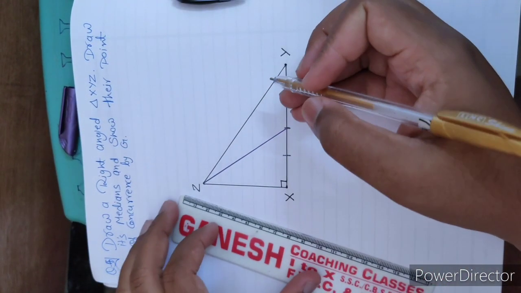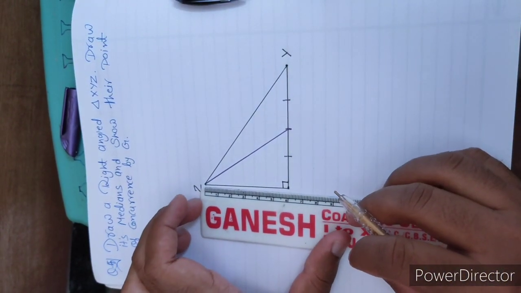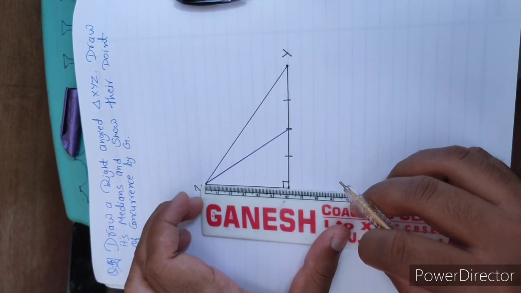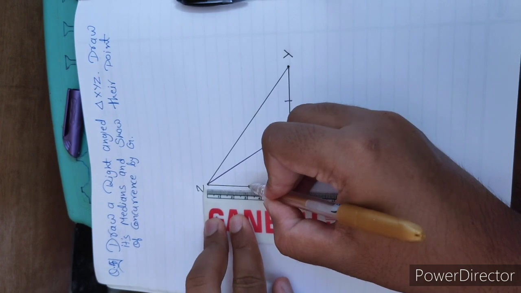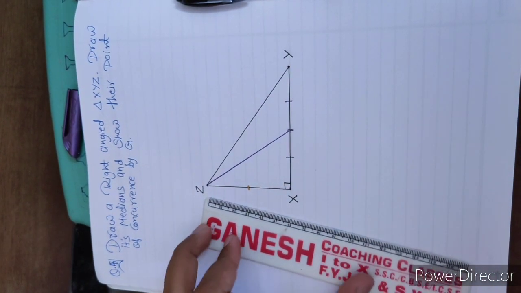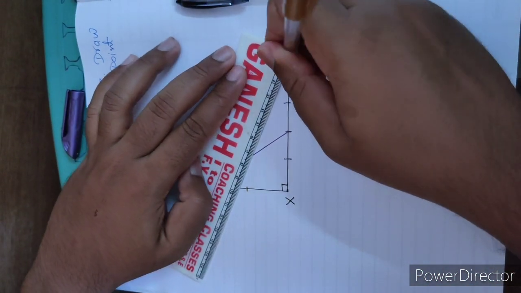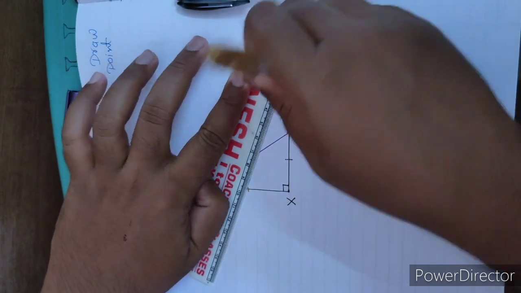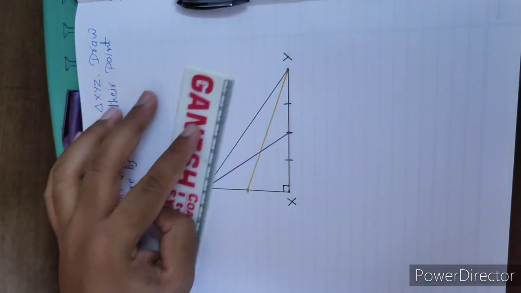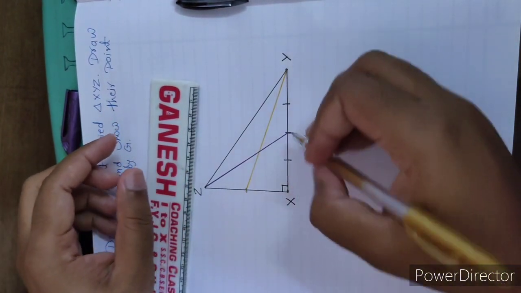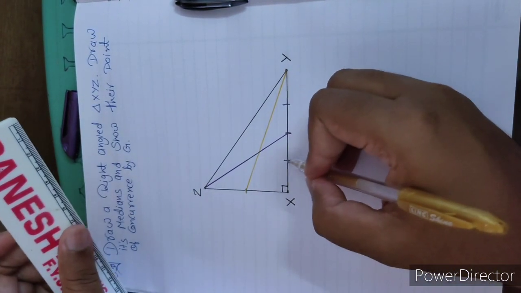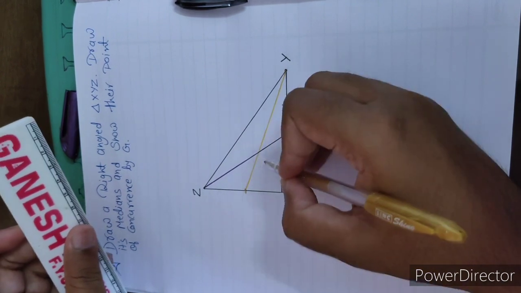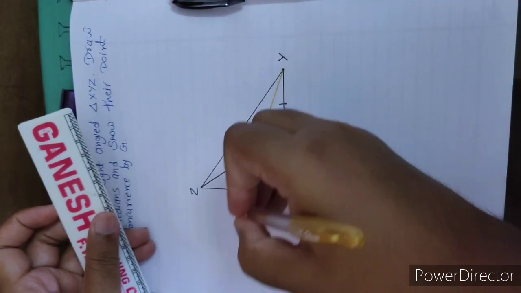For drawing the second median let's measure the height. It is 6 centimeter, so the median will pass from the midpoint, that is 3 centimeter. Here with the yellow pen we are drawing the second median. The first median we denoted by 1 dash, so the second we will denote by 2 dash.